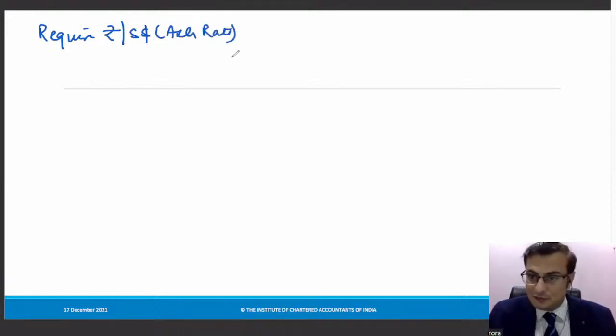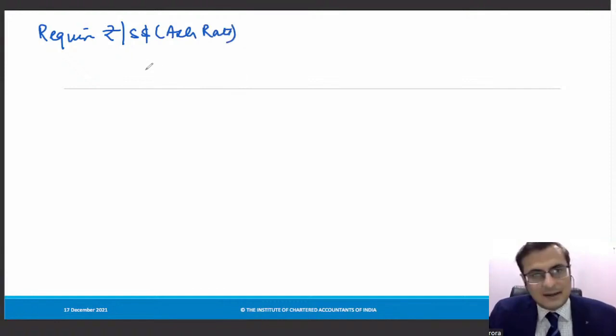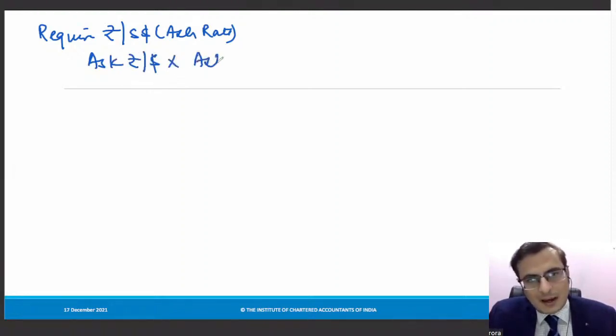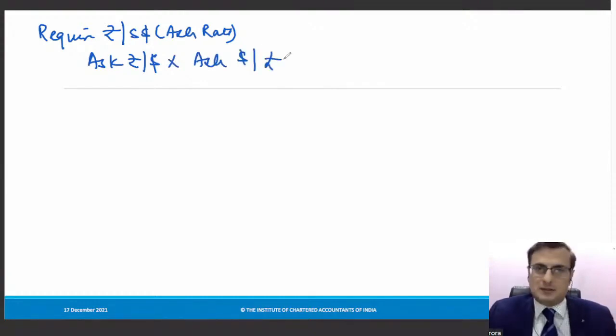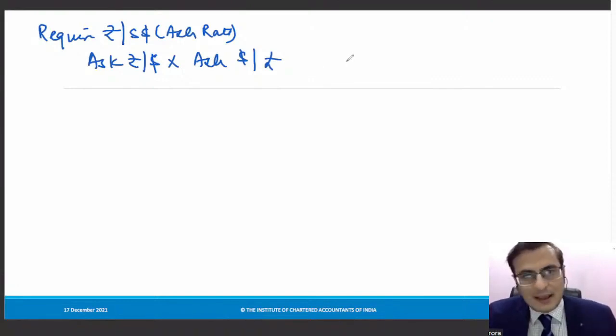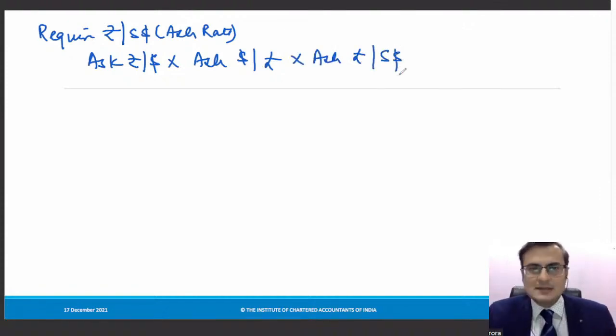Now see very carefully. Let me just write. I need ask rupee per dollar, into ask dollar per pound. These are the quotes available. And into ask pound per Singapore dollar. Is it clear?